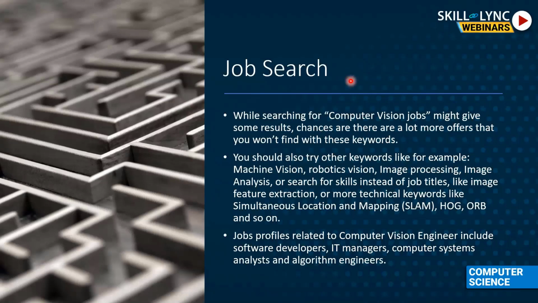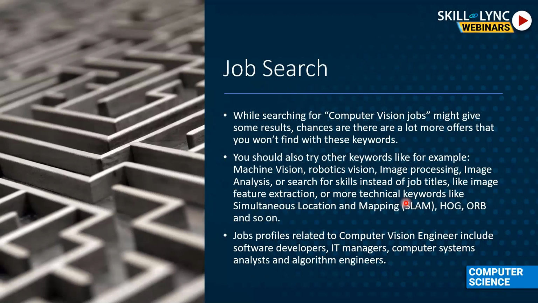This keyword will not fetch you that many results, but other keywords that will define what you do, like you work in robotics, you work in machine learning or data science or image processing, or even app development, they will fetch you some job titles about the company.